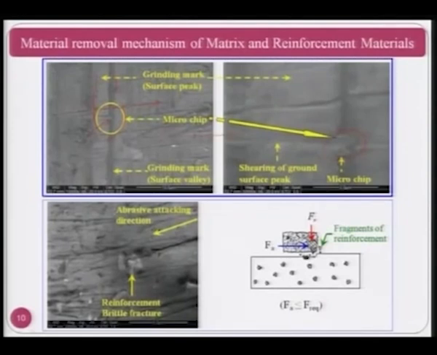Now, if you see the next figure, bottom figure left side, the abrasive attacking direction, you can see this tunnel being formed over there, and this is the direction in which the abrasive particle of the medium is attacking the workpiece surface.